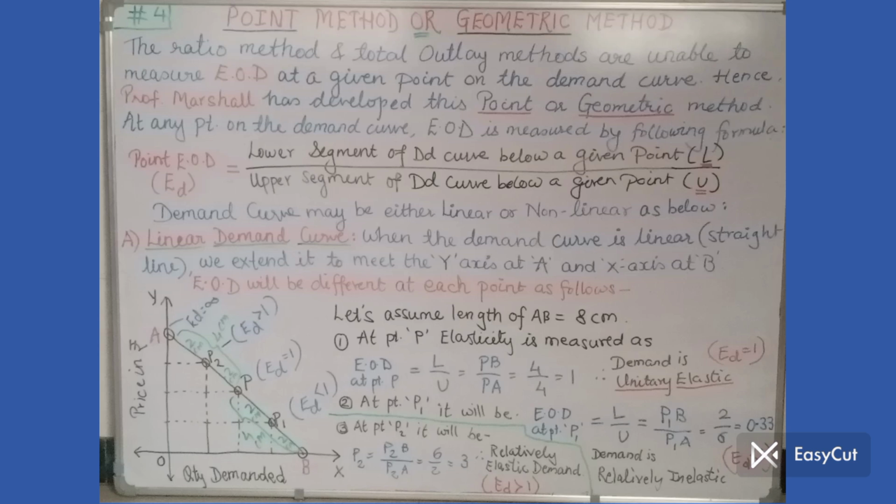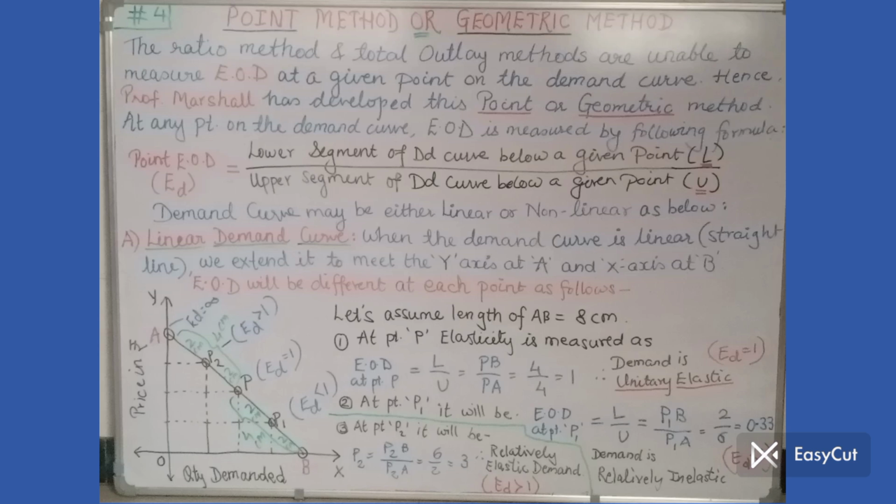So PB upon PA will be equal to 4 upon 4. The answer is 1. So at point P, we find that the demand is unitary elastic. That means ED is equal to 1. I have written everything clearly on the board.